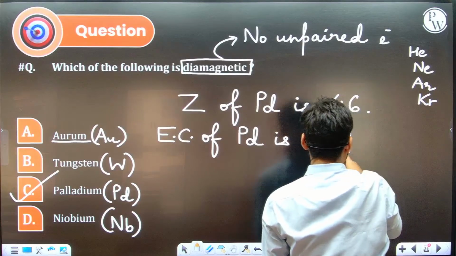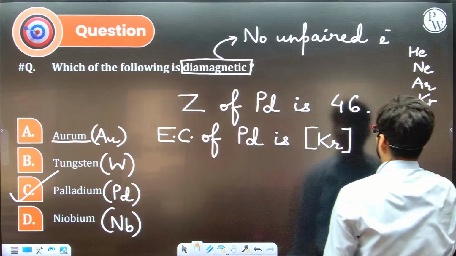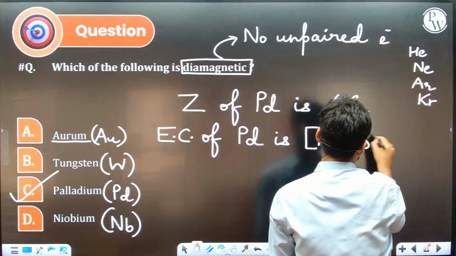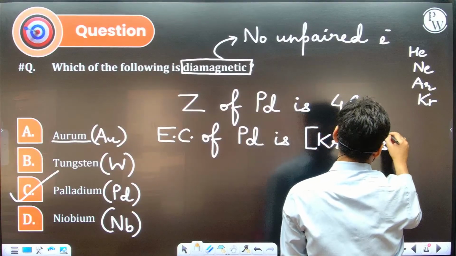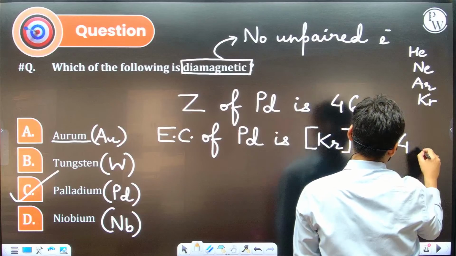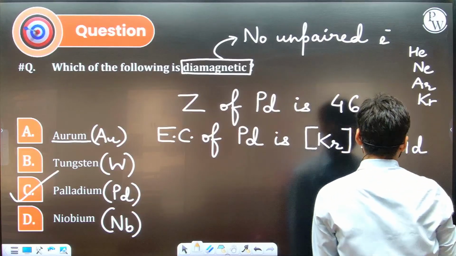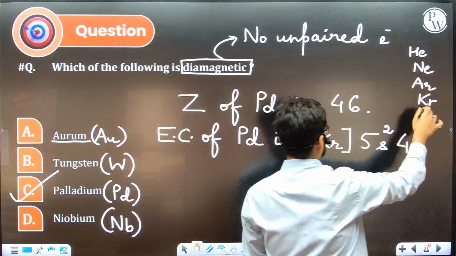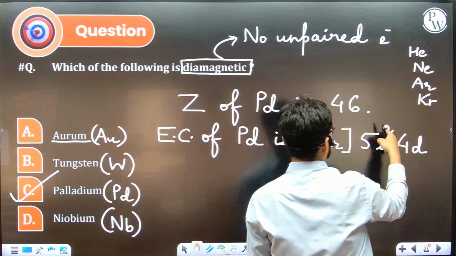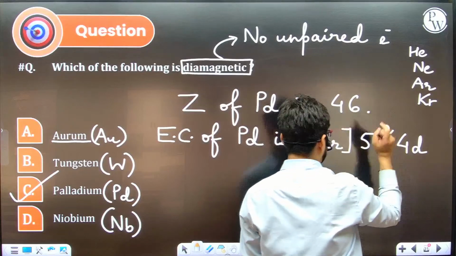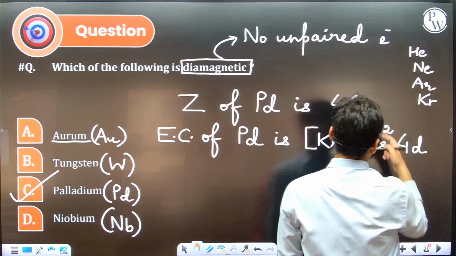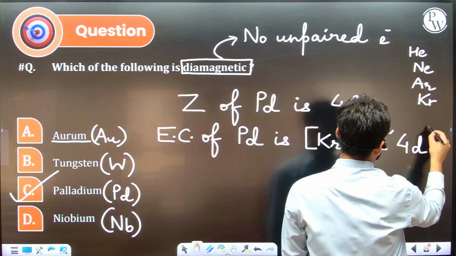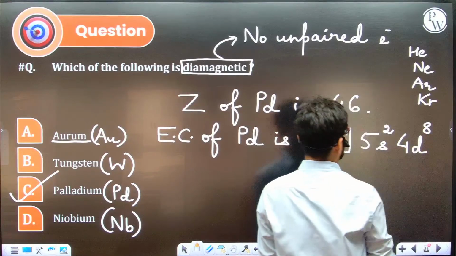That means till 4p6 is already filled when I am writing krypton. After 4p6 we have this, and then we have 4d. So atomic number of krypton is 36. So 36 plus 2 is 38, and after 38 plus 8 is 46.